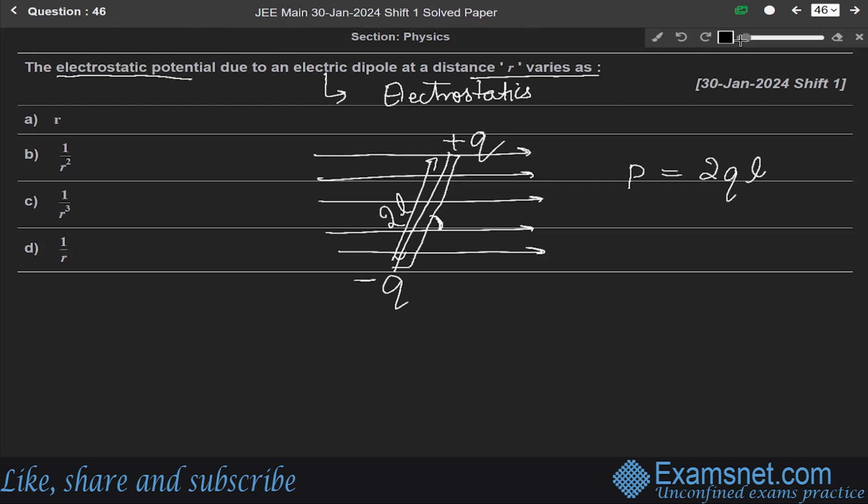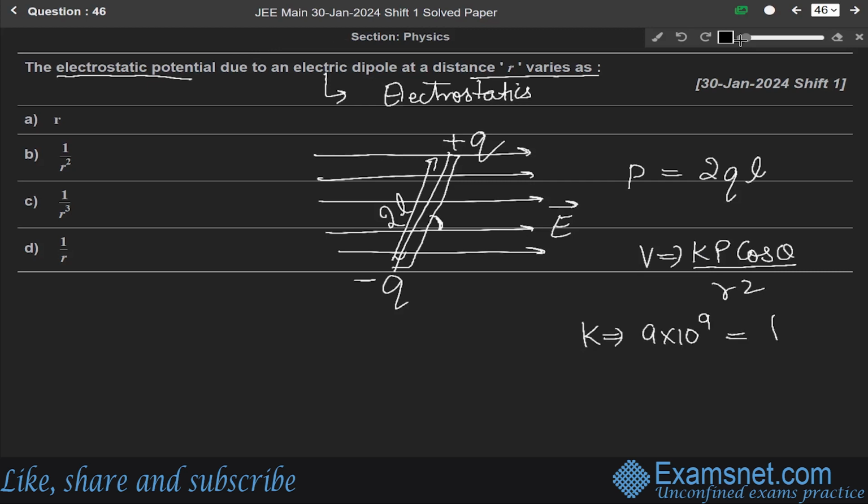So we have to find the electric potential due to this. And what is electric potential? It is the amount of work that is needed to move a unit charge from a reference point to a specific point in an electric field. Okay. So we know the direct formula for the electrostatic potential due to a dipole is V equals kP cos theta over r square, where the value of k is 9 into 10 to the power 9.